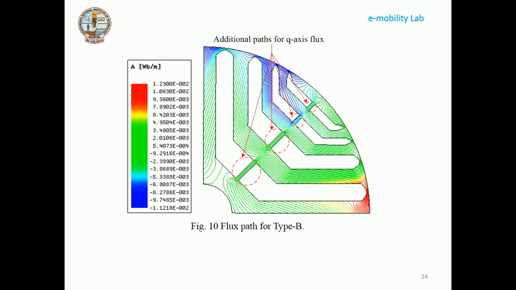The electromagnetic performance is good, but the mechanical performance of the rotor is poor. Then if you have 1 mm, we have good mechanical performance, but not good electromagnetic performance, because the value of Lq increases.